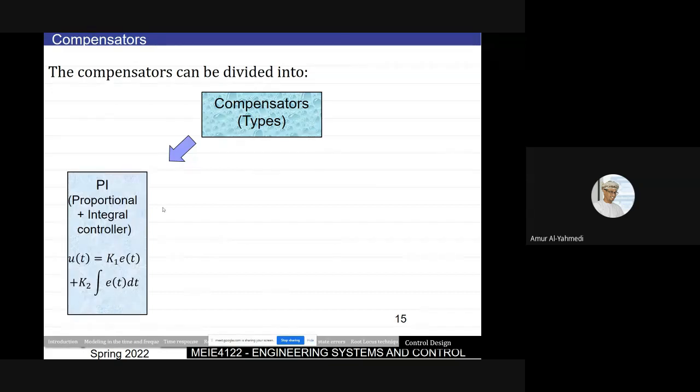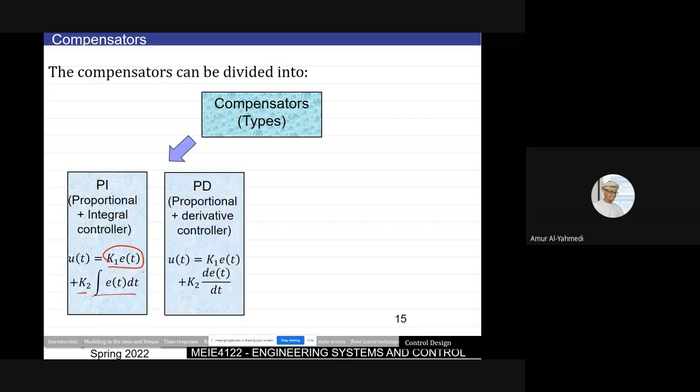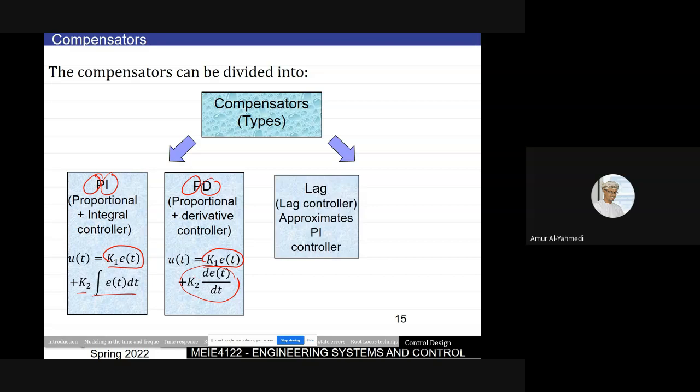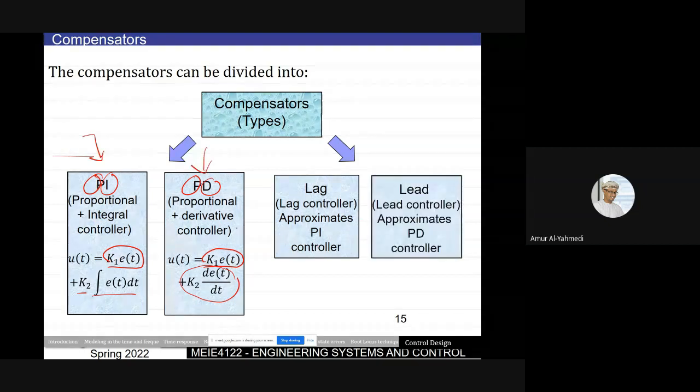So either proportional plus integral, where you have the error multiplied by a constant plus the integral of the error, which we call PI, or PD, proportional plus derivative, or a combination of both. Or you have an approximation of these two: lag and lead are approximations of PI and PD.